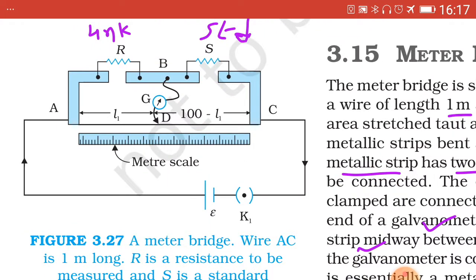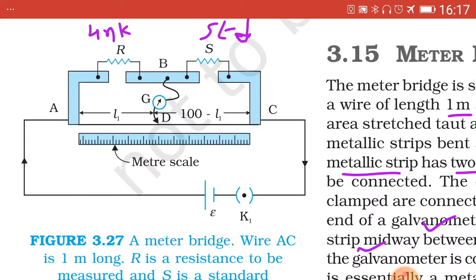It's a practical application of the Wheatstone bridge circuit. Here there are three metallic strips: two L-shaped metallic strips with a gap in between them, and the middle strip, where B is written, in between the two L-shaped metallic strips.